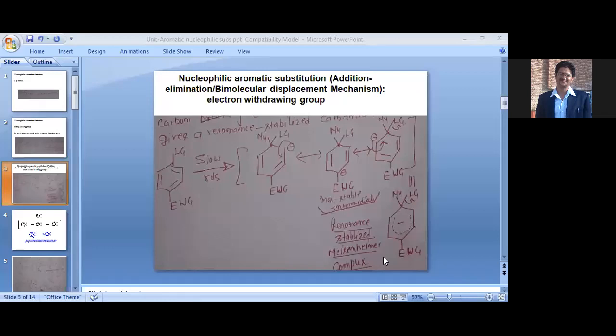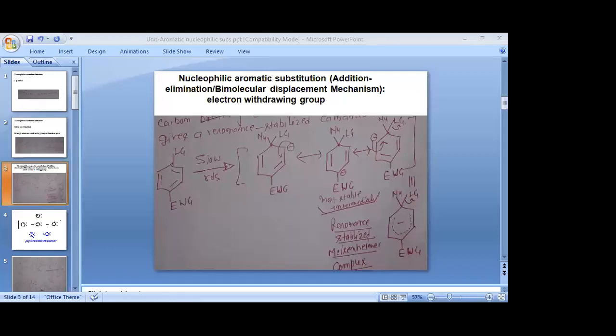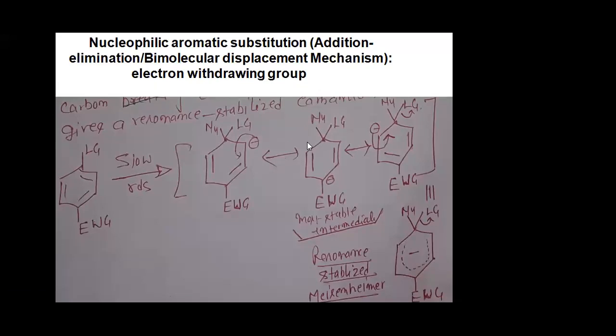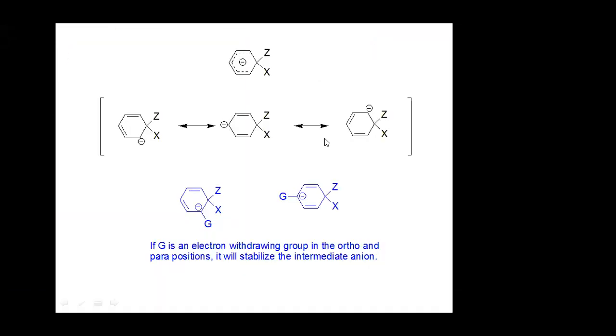If the electron withdrawing group exists at the ortho or para position, then that gives a stable intermediate, right? And if it gives a stable intermediate, it means those positions are best for nucleophilic aromatic substitution reaction.